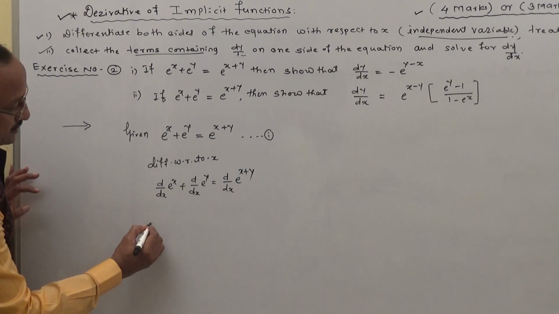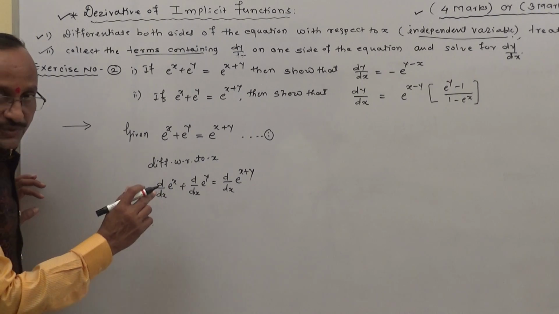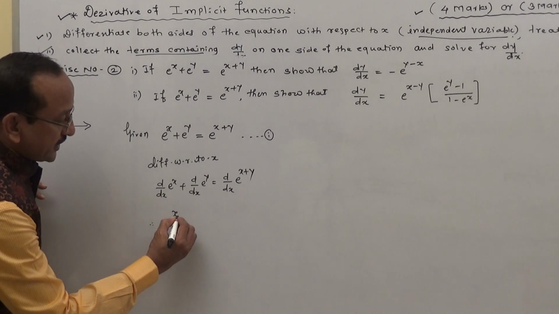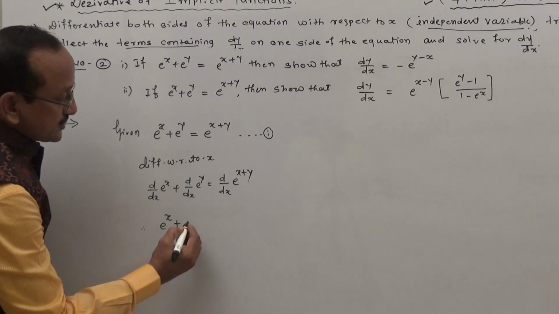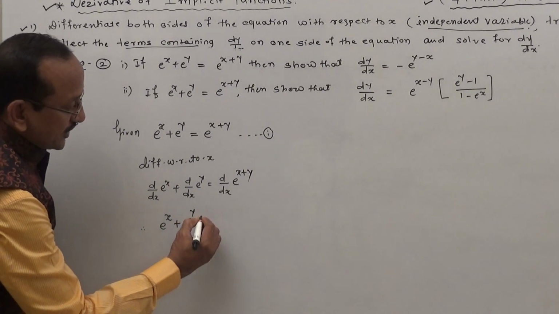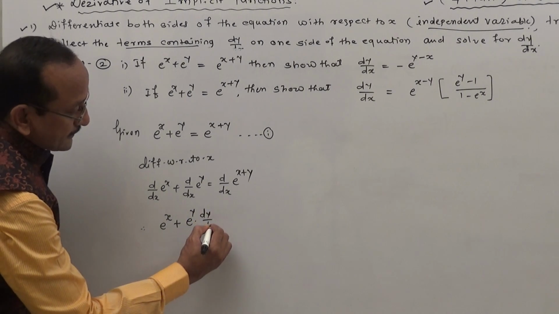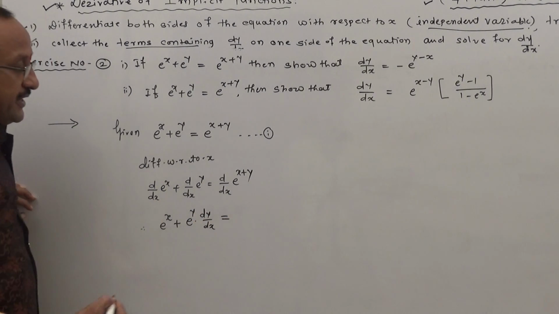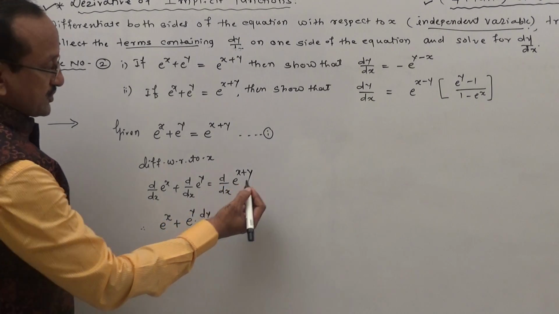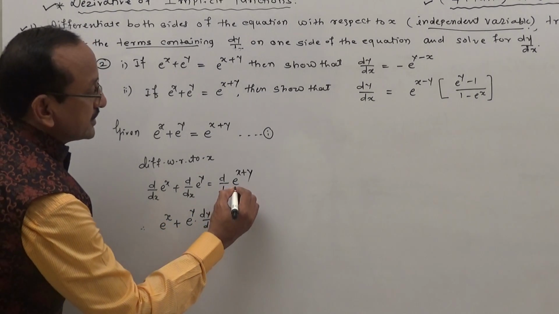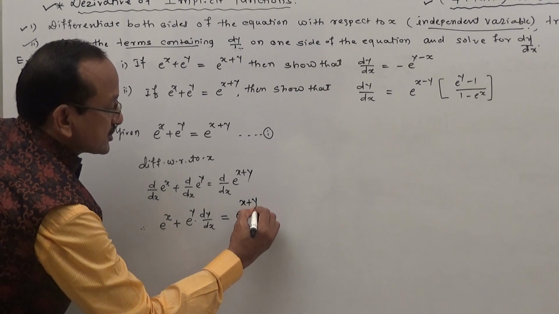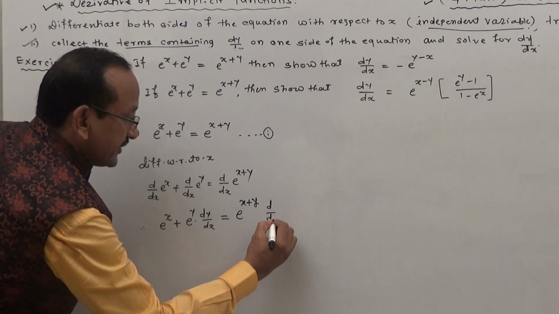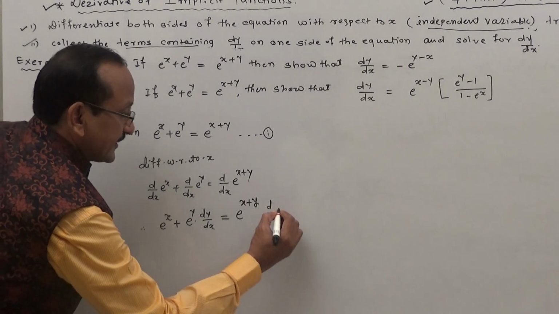Now take derivative. Derivative of e raised to x is e raised to x, keep as it is. Derivative of e raised to y is e raised to y into derivative of y, that is dy by dx, is equal to derivative of this e raised to power x plus y, which is e raised to power x plus y into derivative of this function x plus y.